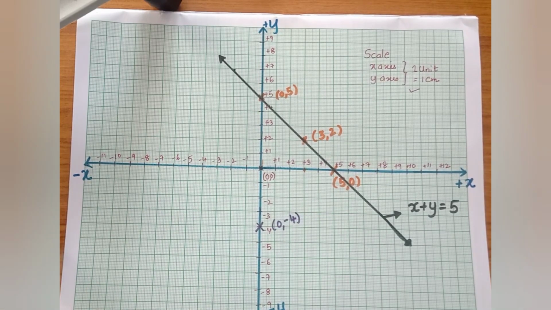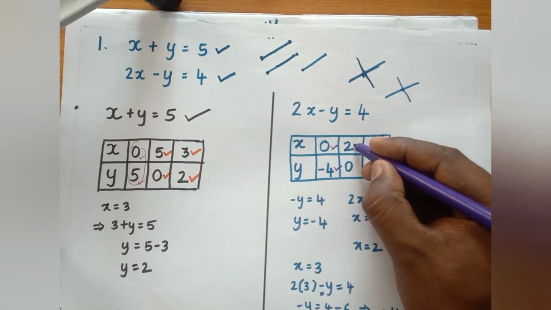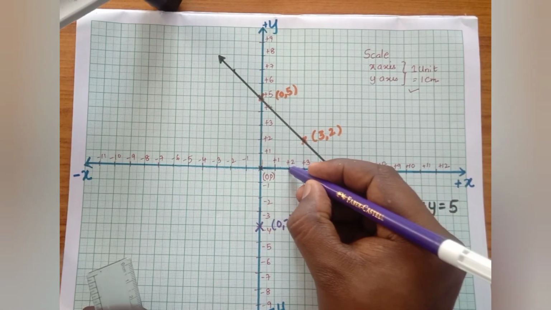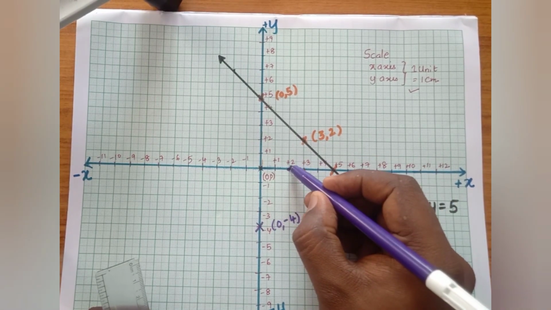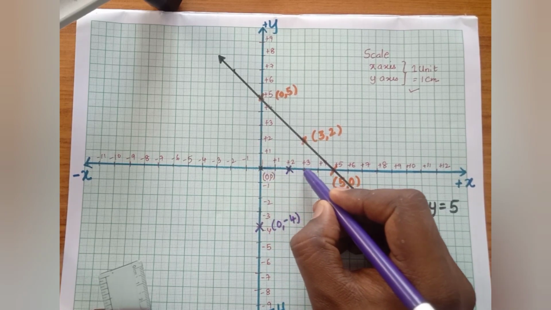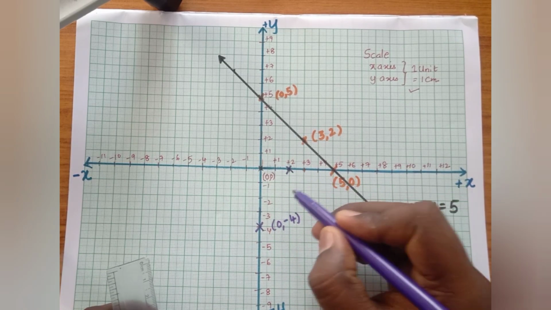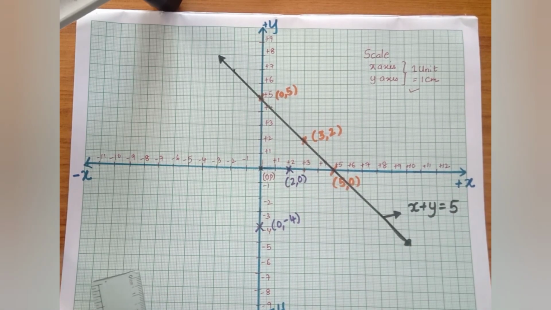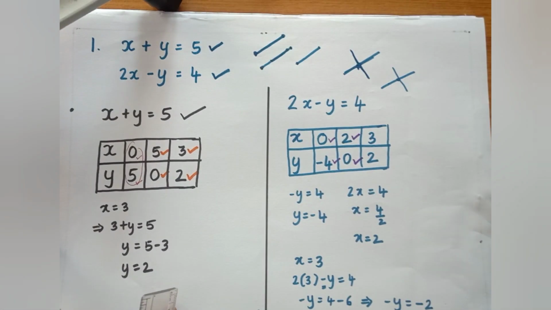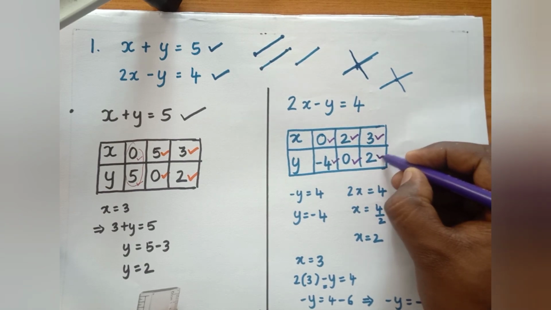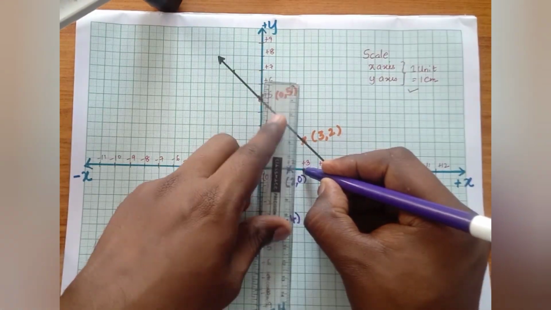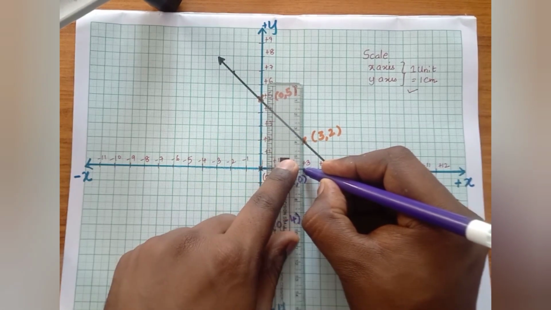Now the next point, when x equals 2, y equals 0. The point is here itself, because on the same line we have y as 0. Now the next point, when x equals 3, y equals 2. On the same horizontal line we should check for y equals 2.